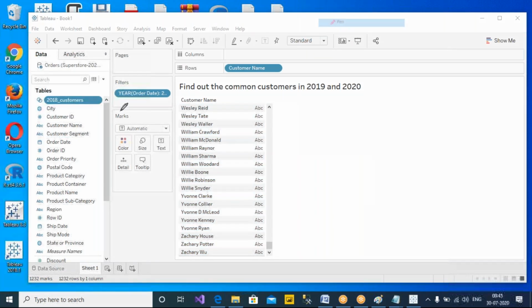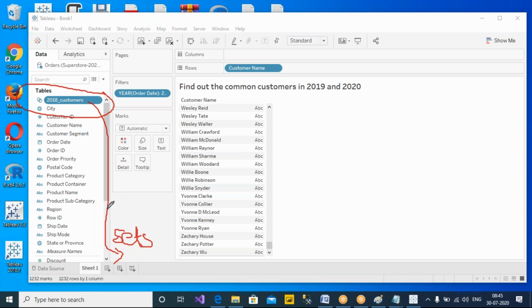Observe here, where is the set coming? In the previous version, you had a separate pane called Sets, and this would come under that pane, isn't it? I wanted to show the difference, so yesterday I went to the old version. And now in this new version, the set is also a part of the dimensions only.